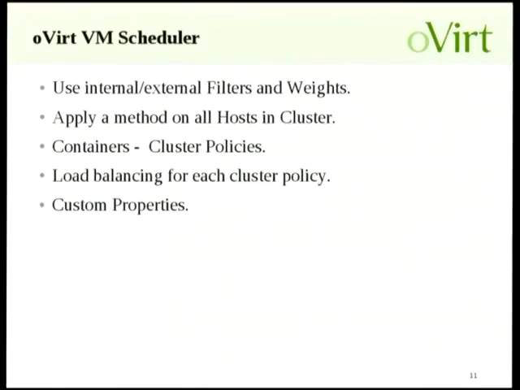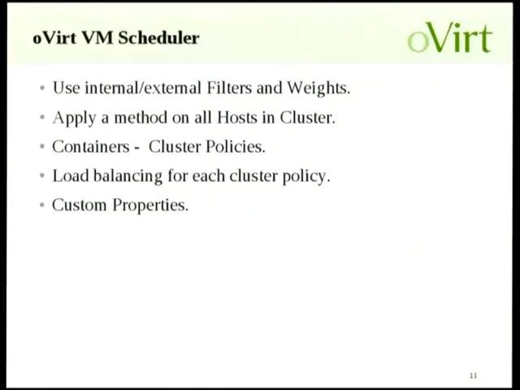Basically, we can create internal and external filters and weights. The internal part is used for better performance. We are within the server, so we get quick access to the DB. And originally, all the filters and weights from the previous oVirt, back when we didn't have filters and weights, were migrated into that internal scheduler.